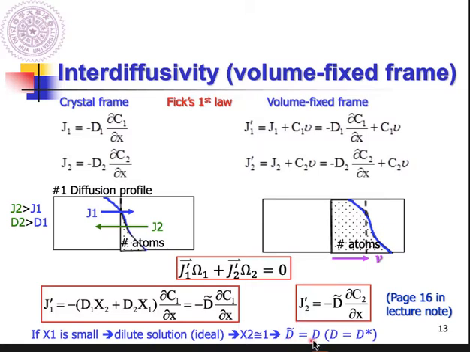So to summarize, as long as the diffusion regime happens in an ideal solution or dilute solution, the self-diffusivity will be equal to the intrinsic diffusivity, and also equal to the interdiffusivity.